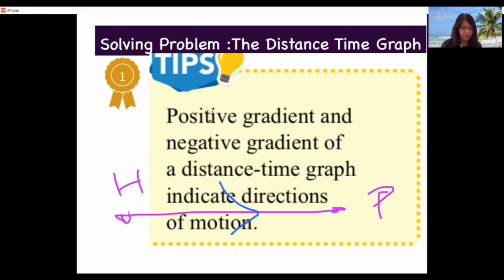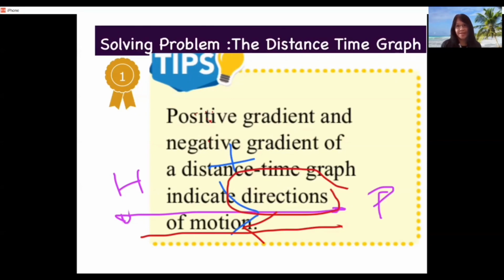If you come back from PGS to your house, the gradient you get will be negative. It means the speed is the speed of coming back from the school to your house. Understand that? The positive and negative actually mean direction. It doesn't mean you have to plus or minus the speed. Understand? Good.